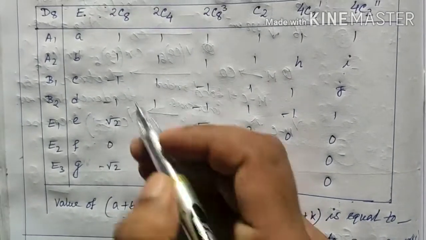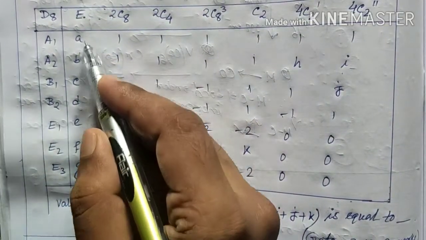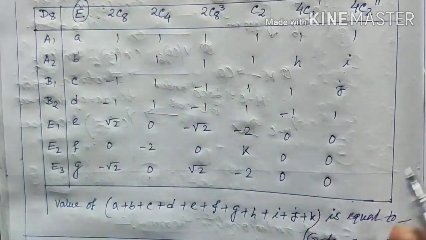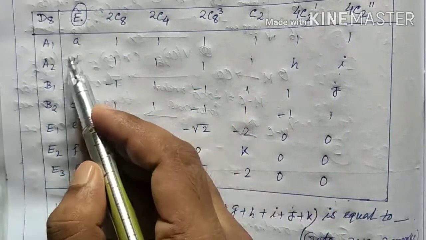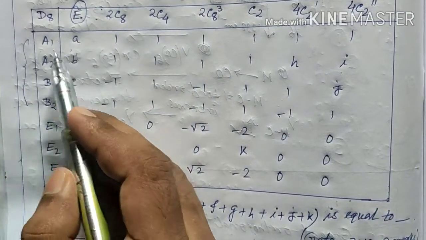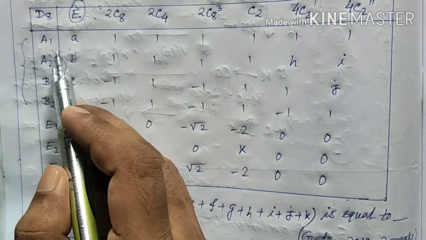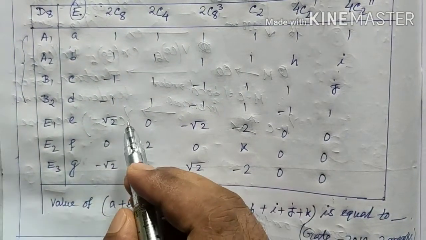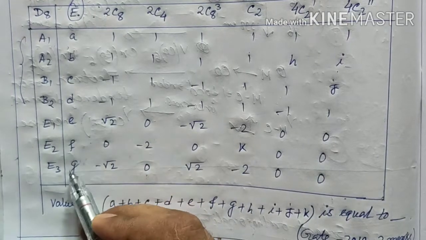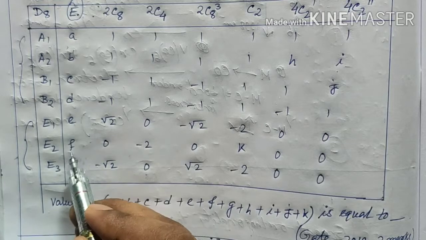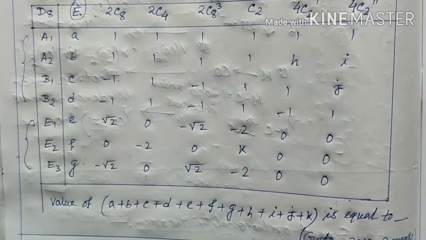Now we can easily say the values of a to g, since they correspond to the identity operation. Since all these four, a, b, c, d, correspond to characters of one-dimensional representations, the values of a, b, c and d will be 1, and since e, f and g correspond to two-dimensional representations, the values of e, f and g will be 2.